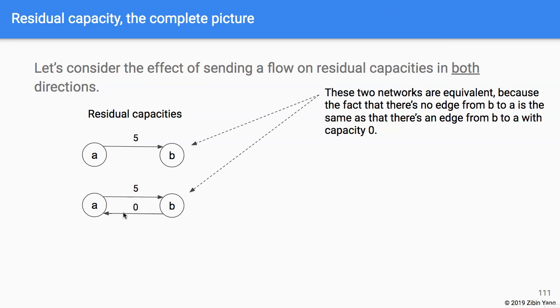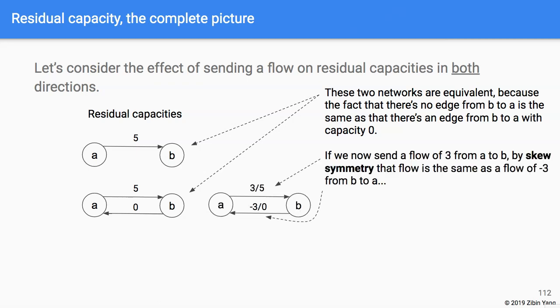Even though we added this edge, we cannot send anything from B to A, same as the original network. Next, let's try sending a flow of 3 from A to B. Now, by skew symmetry, we know that this flow of 3 from A to B is the same as a flow of -3 from B to A.